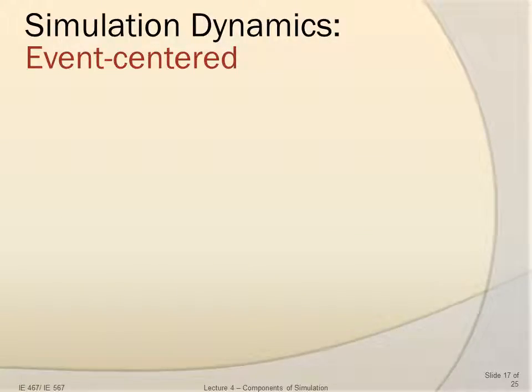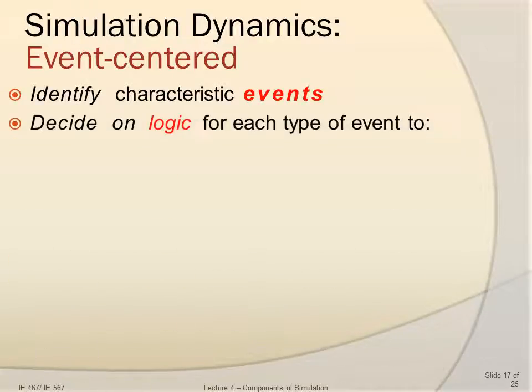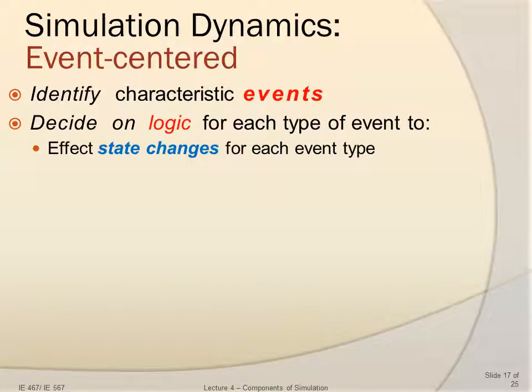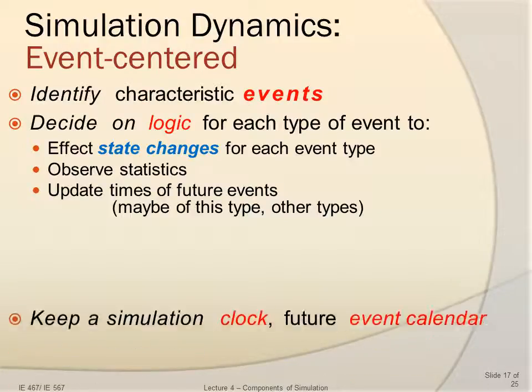Now let's take a look at simulation dynamics and focus on event-centered simulation dynamics. We need to identify characteristic events and decide on a logic for each type of event to affect state changes, observe statistics, and update times of future events, maybe of this type or other types.